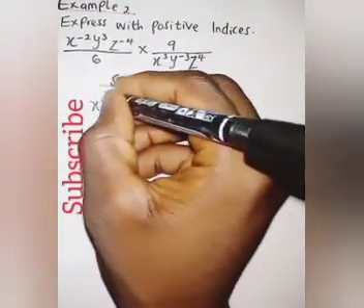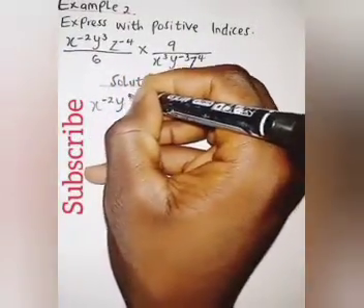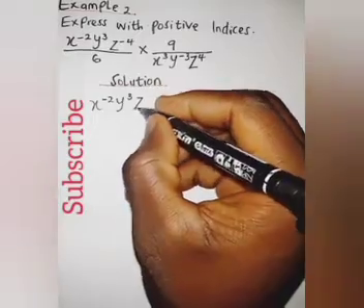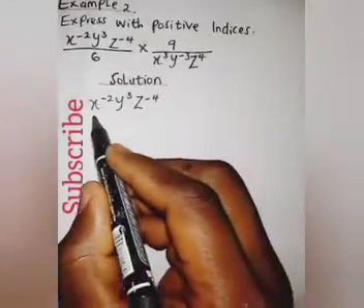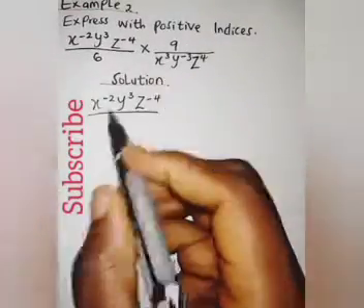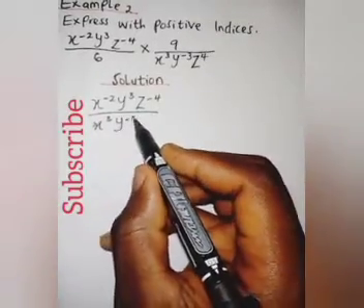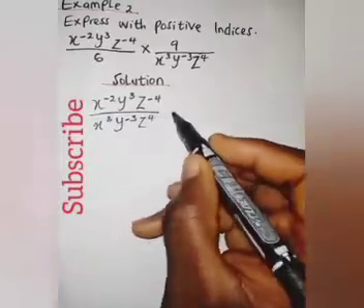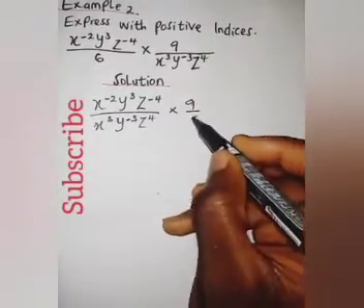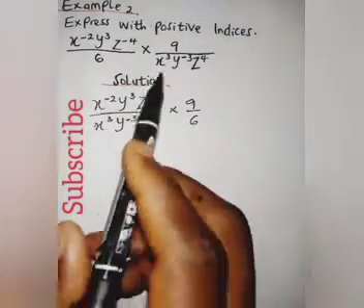So we have x to the power of -2, y to the power of -3 and so on.